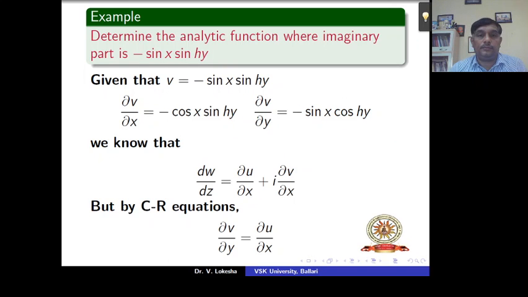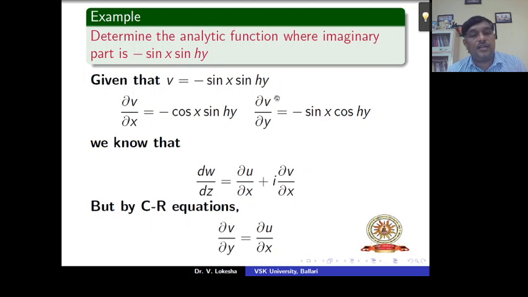This is another example. Determine the analytic function where the imaginary part is -sin x sinh y. First you can find the partial derivatives with respect to x and y, applying the fundamental rule directly.